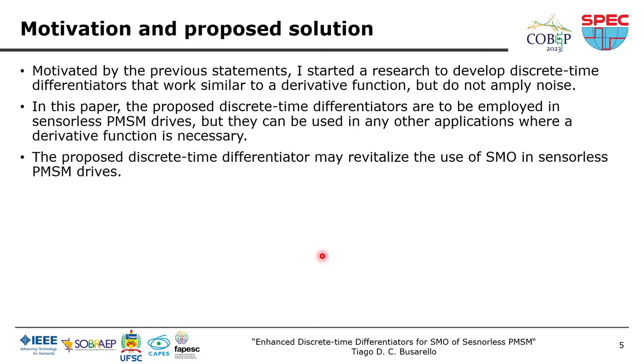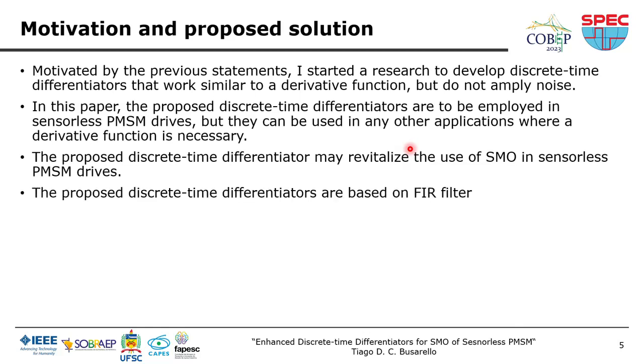The proposed discrete-time differentiators may revitalize the use of sliding mode observers in sensorless permanent magnet synchronous machine drives. This is one of my motivations, because I know that this kind of algorithm is left behind due to the derivative functions, but we try to revitalize it since it is easy to employ and is a really classical technique.